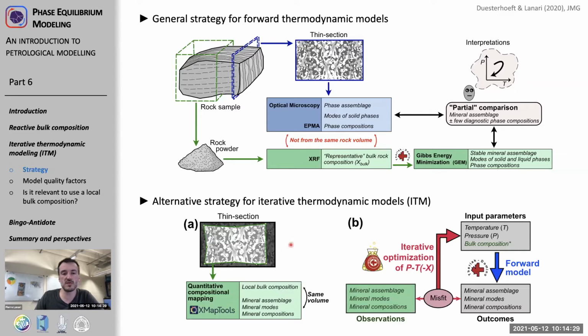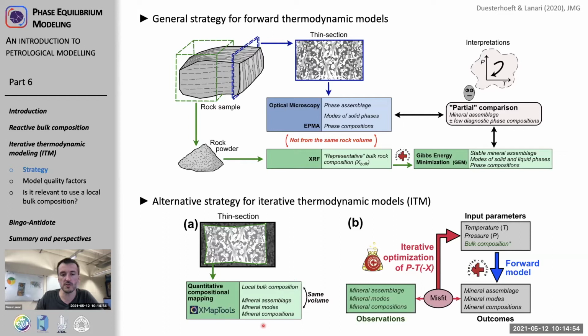So one alternative strategy that we use for iterative thermodynamic models is to use compositional maps of a thin section. And then from the same area of interest in your map, you can extract a local bulk composition. And from exactly the same surface, exactly the same volume, you can extract a mineral assemblage, a mineral mode, and the mineral compositions.